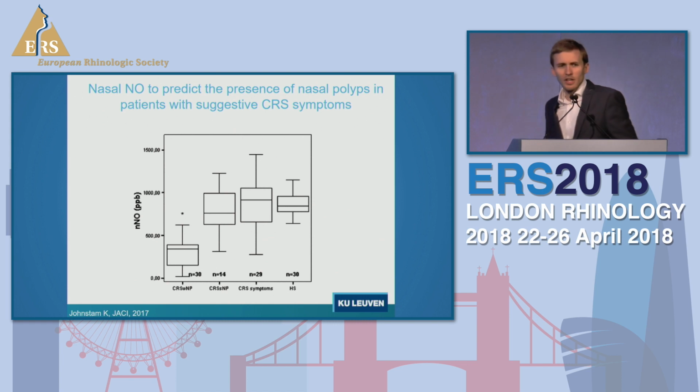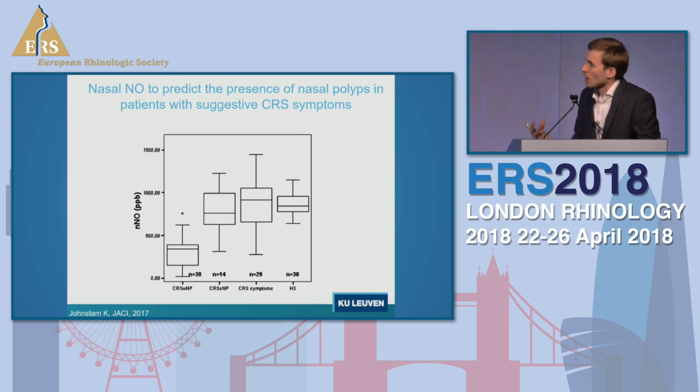Also, some studies have been done with nasal NO. We would have expected that the nasal NO would be increased because NO is a gas which is induced by the IL-13, which is a type 2 cytokine.